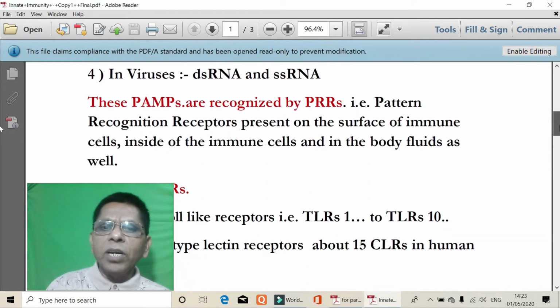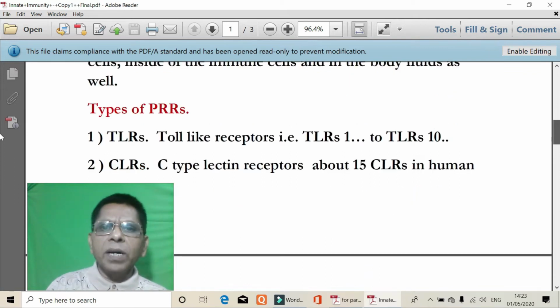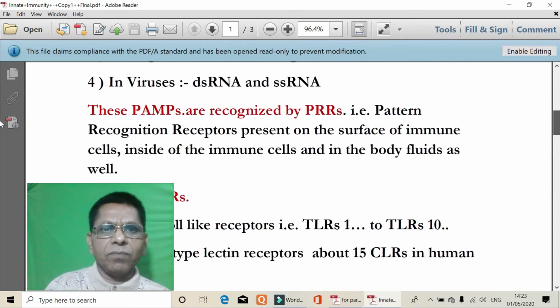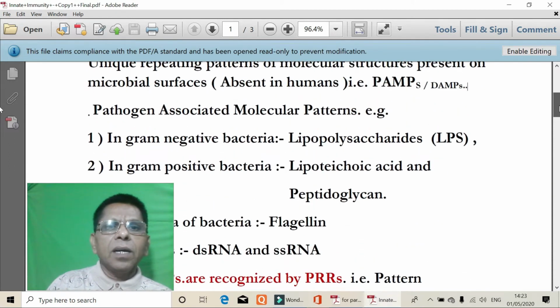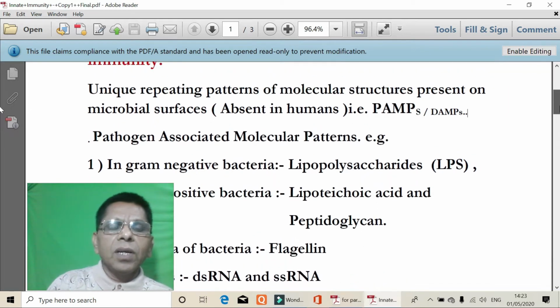As I have already told you all, in the case of humans, there are 10 toll-like receptors present. Now see, the pathogen associated molecular patterns are not present in eukaryotic cells, including human. They are found only in the antigens.